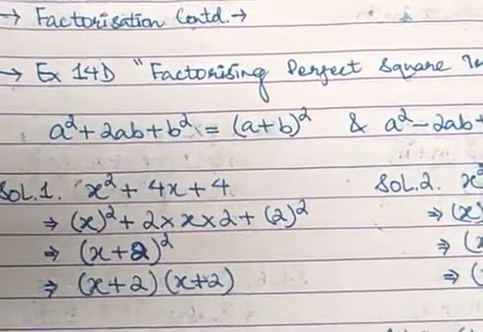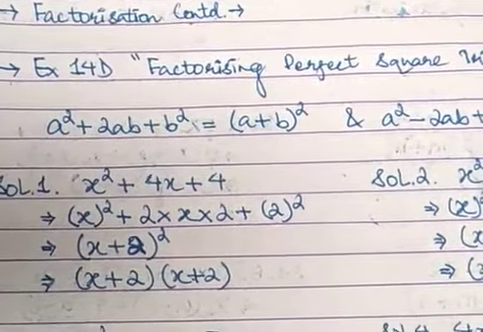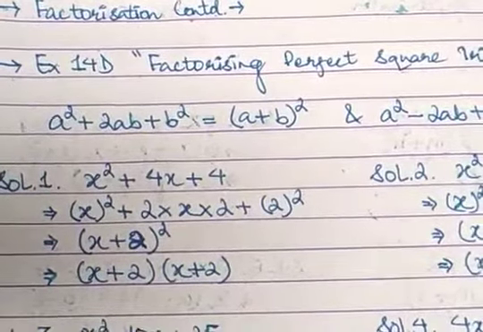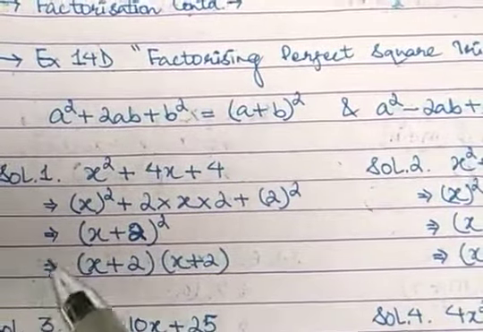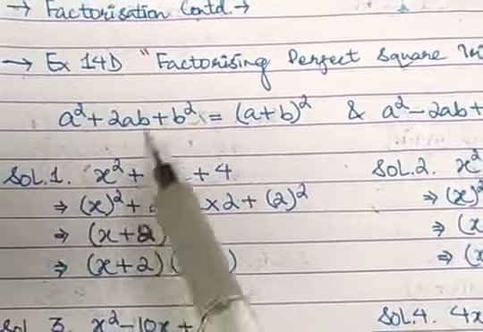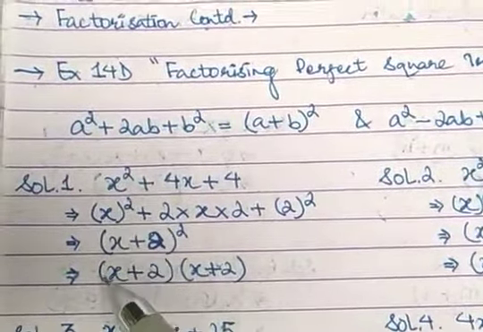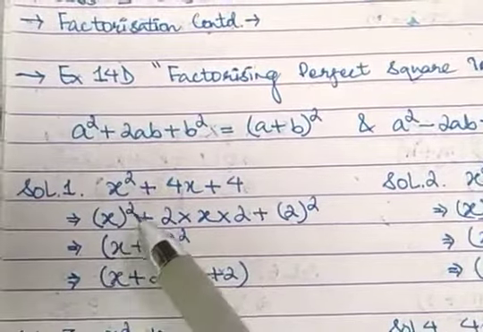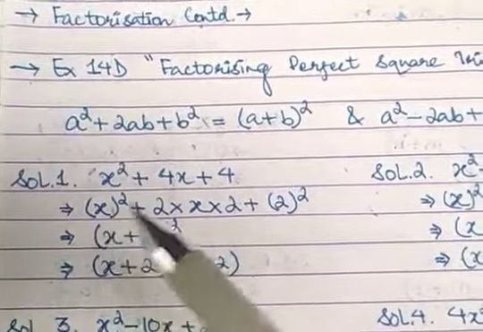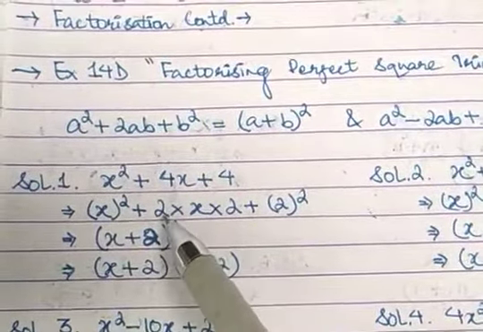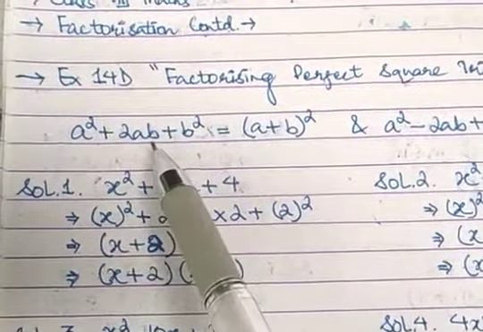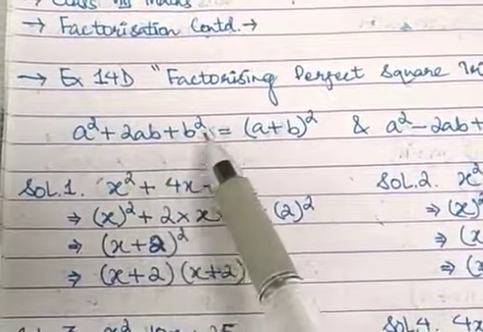As long as we don't get our answer in the product form or the factor form, we are not done. So how we can do this one is, simply, the first term x squared can be written as x whole square. Plus now 2 into, I'm using this formula, a squared plus 2ab plus b squared.